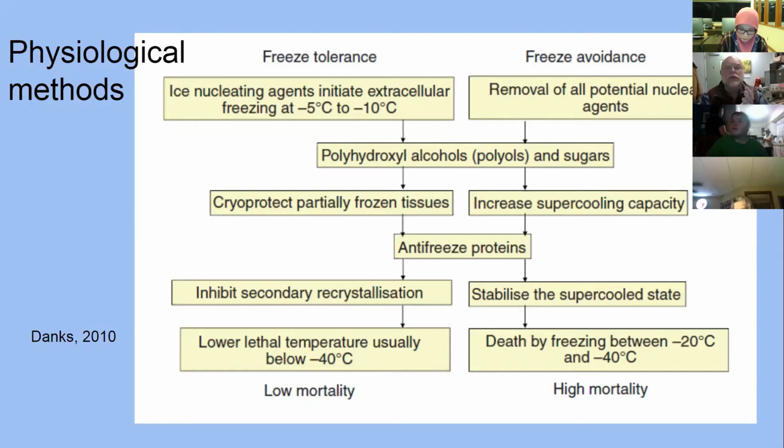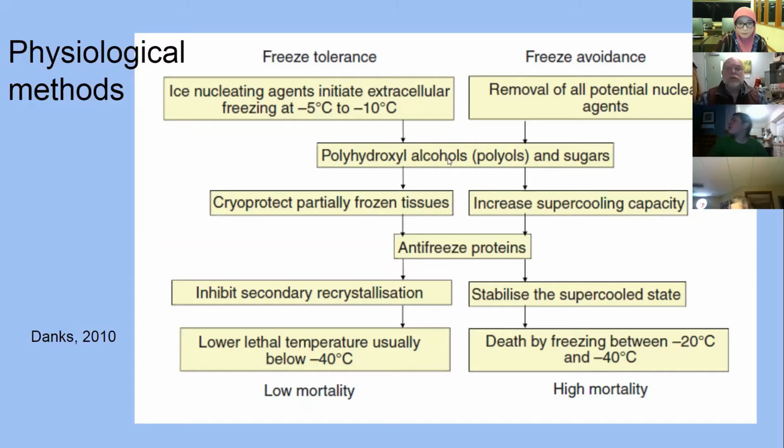But the things that they can do is that if they have freeze tolerance, they can produce these ice nucleating agents, molecules that will help to cover places where ice can form, and that could form the nucleus of very small ice crystals.